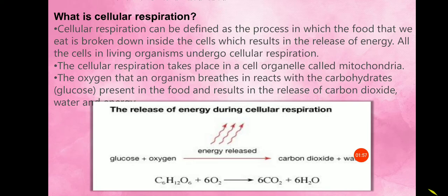Carbon dioxide is released as a waste product over here. Glucose plus oxygen release a large amount of energy, and what we get: carbon dioxide and water. Human beings, most animals and green plants respire aerobically, right? Aerobes are living things that respire aerobically.